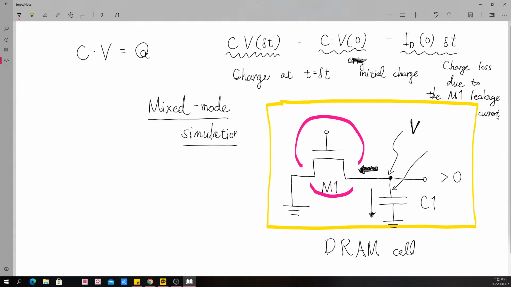Okay, so once again, C times V is just introduced to have the charge at the capacitive node. Okay, Mr. Park, are you with me? If you have further questions, then please let me know.